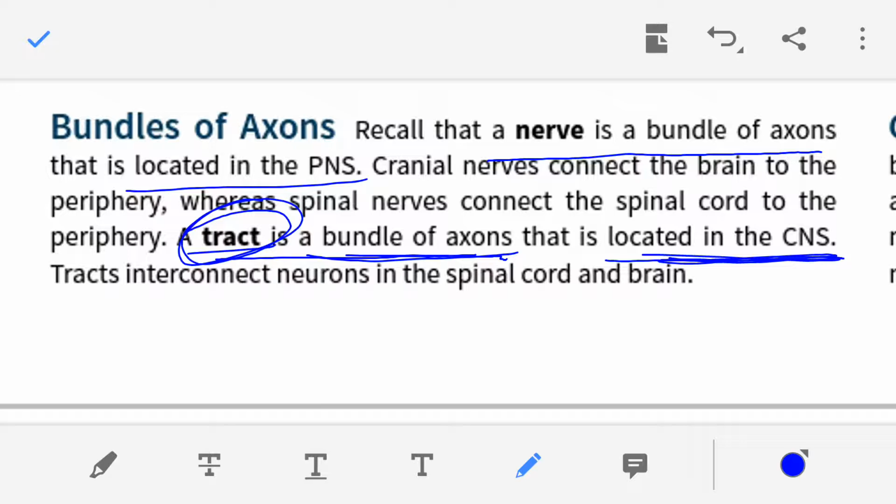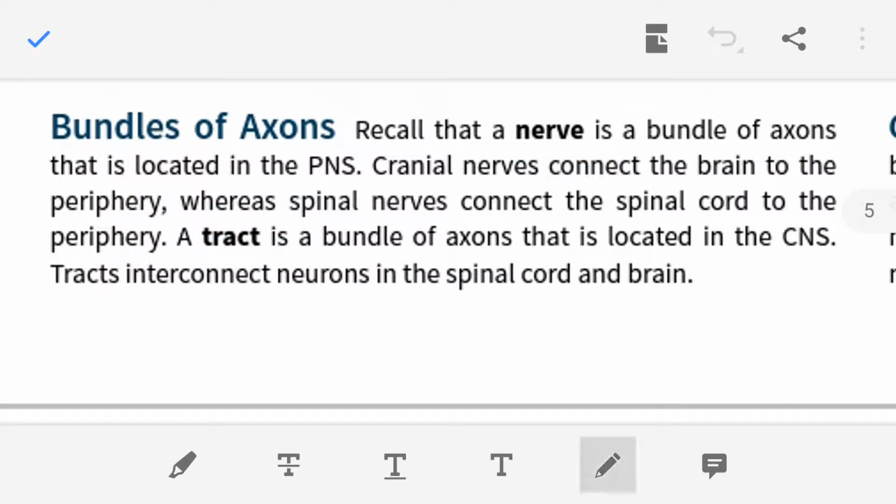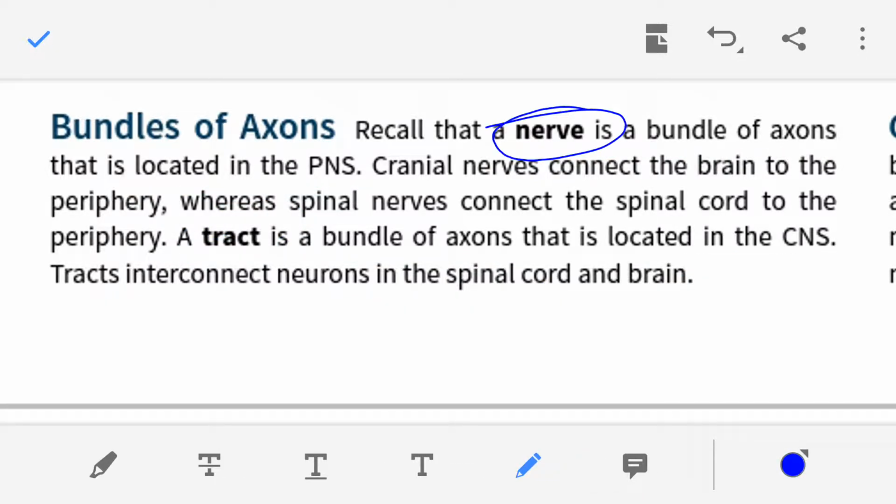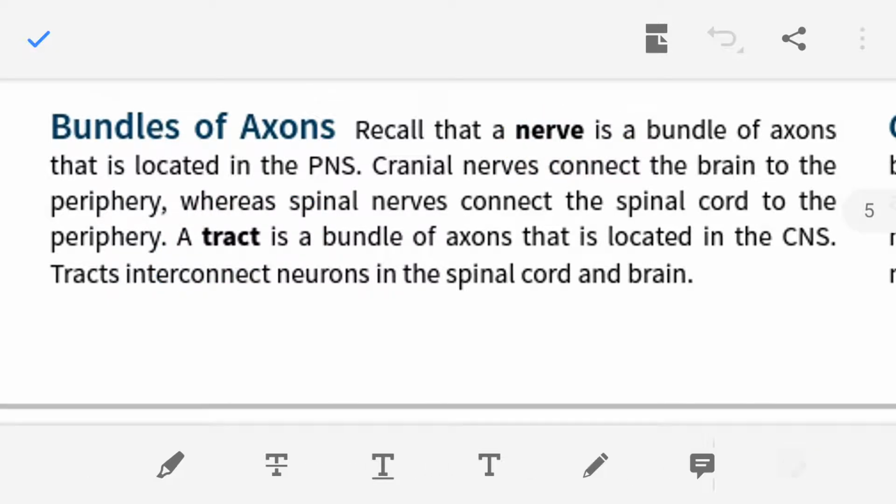And this tract interconnects neurons in the spinal cord and brain. So in other words, we can say between the spinal cord and brain, the tract is present. Okay. So this is the difference between the nerve and tract.